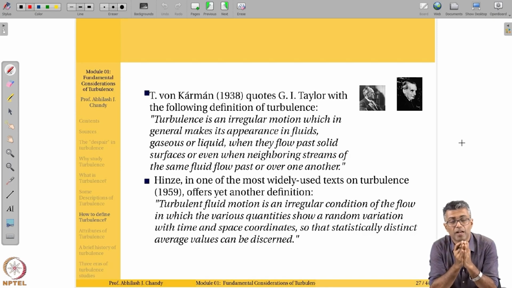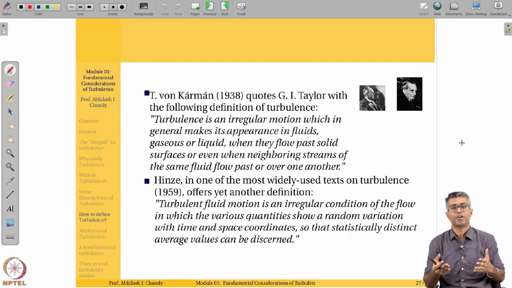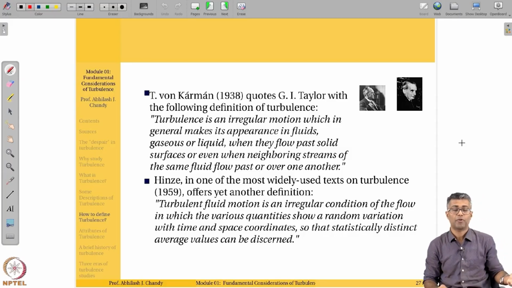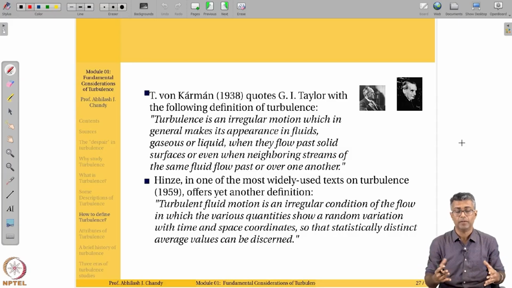Turbulence is an irregular motion which in general makes its appearance in fluids, of course, gaseous or liquid, when they flow past solid surfaces or even when neighboring streams of the same fluid flow past or over one another. So what he is referring to is the fact that turbulence is an irregular motion as opposed to laminar flow, where it is regular, smooth flow. The irregularity is what makes up the turbulence. That's essentially what he's saying.